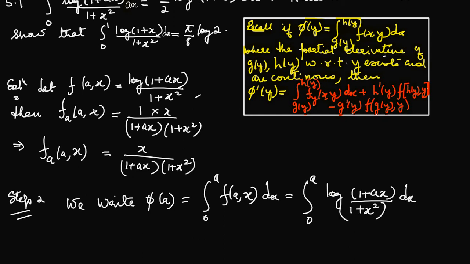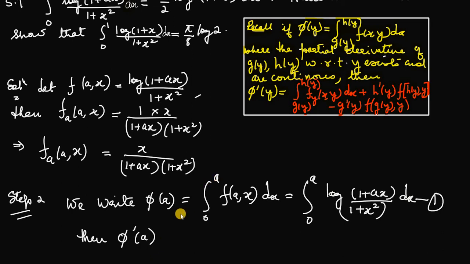Let us name this equation 1. Then what is phi prime of a? If you apply this Leibniz theorem, g of y here will be 0 and h of y is a. So the first term will be, instead of f suffix y, f suffix a.